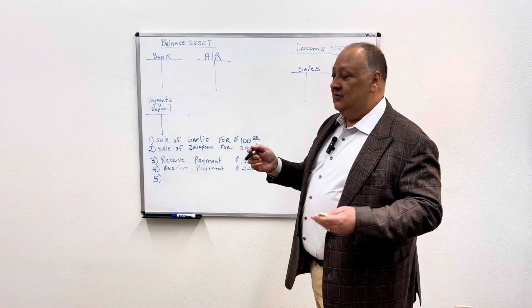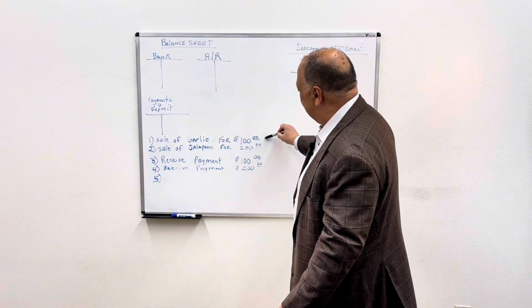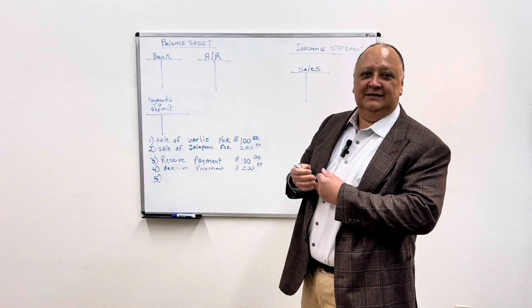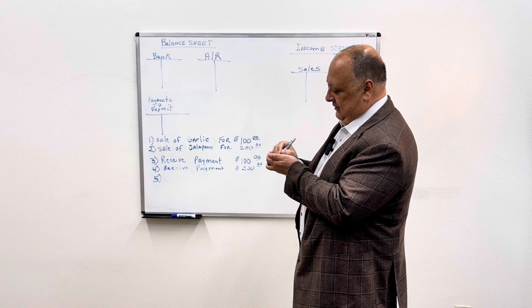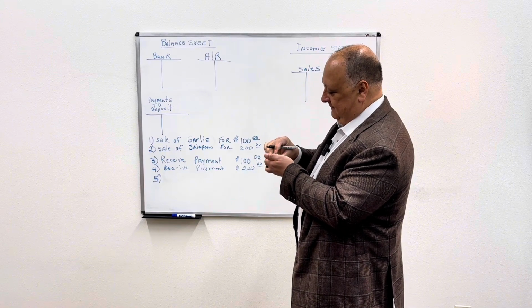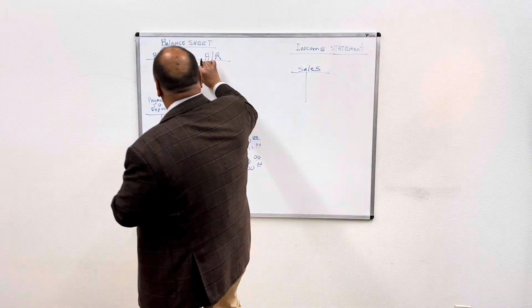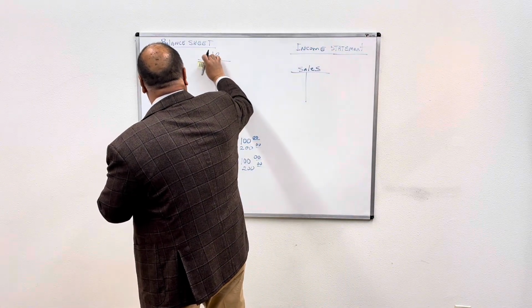The first item here is the sale of garlic. So we're going to sell $100 worth of garlic. I'm going to put $100, and I'm going to make an accounts receivable item right here for $100.